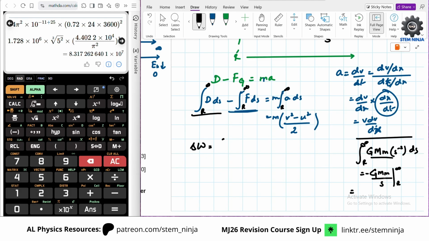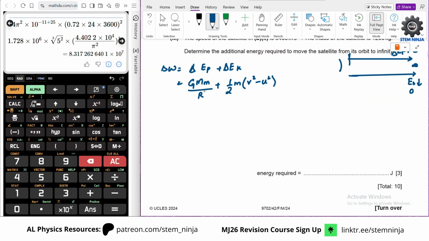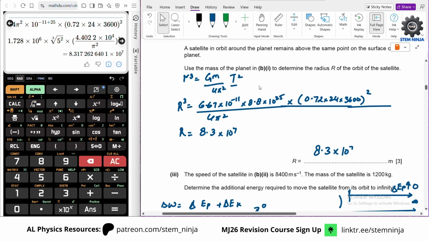At infinity, when s is infinity, this function would be 0, minus GMm over R. So basically this would be positive, GMm over R, and v is already 0, so this would become minus half m u squared. So that is what we have over here. We will simplify this too.